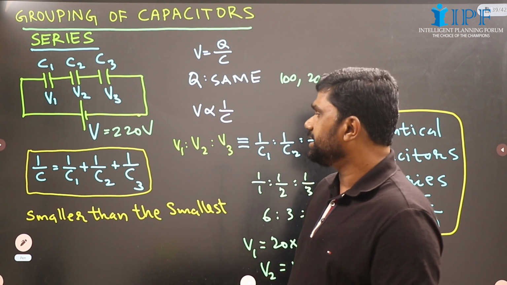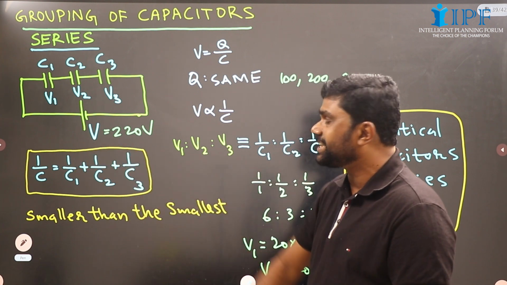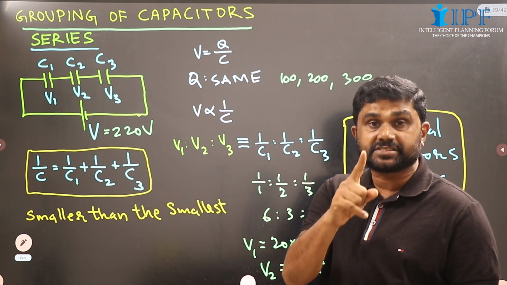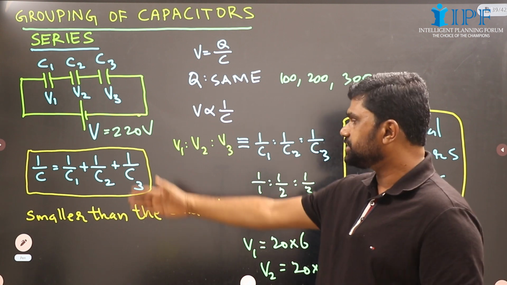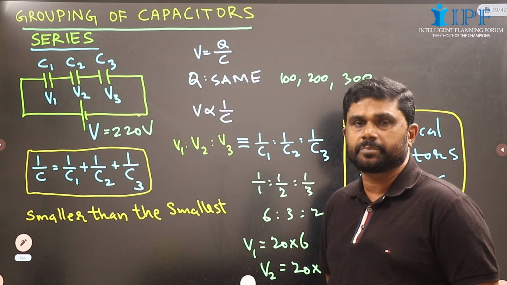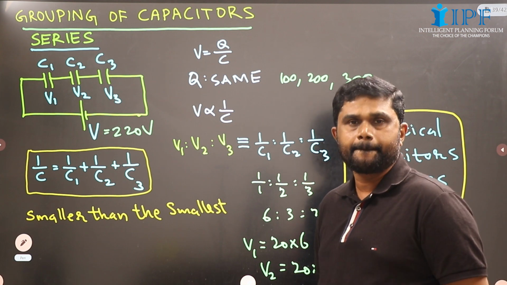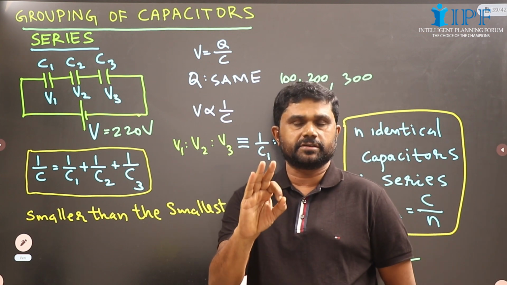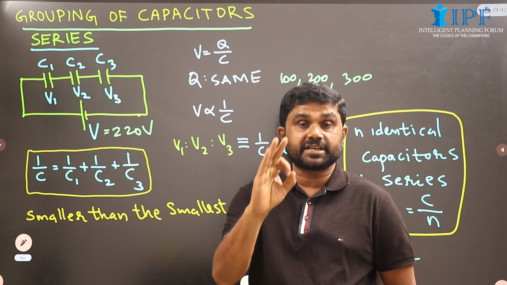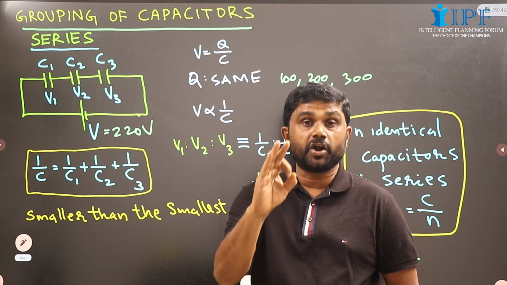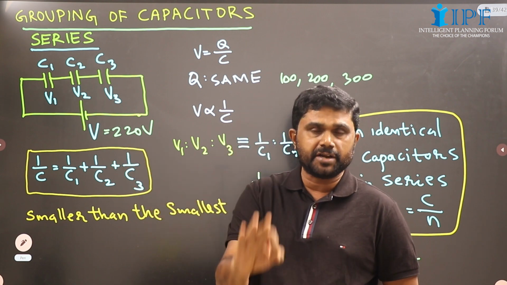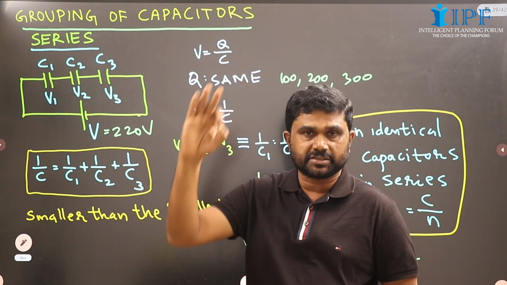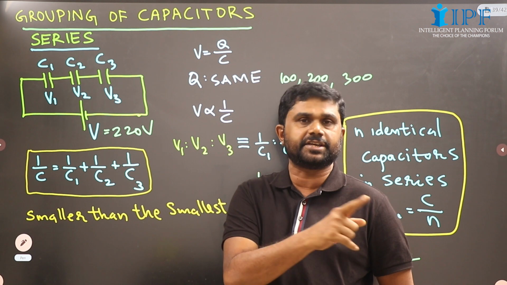Okay, now let us see the expression for the equivalent capacitance when a number of capacitors are connected in series. That is given by 1 by C equal to 1 by C1 plus 1 by C2 plus 1 by C3. See, in series combination, the effective capacitance will be smaller than the smallest. In this example we have 100 microfarad, 200 microfarad, 300 microfarad connected in series.